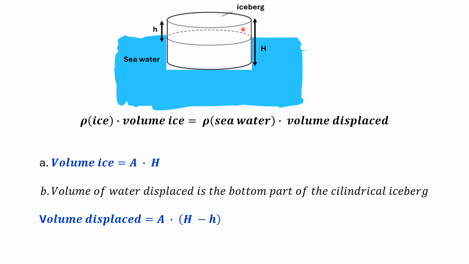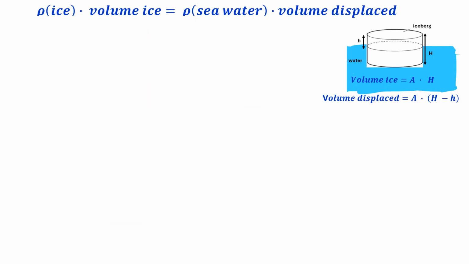So uppercase H minus lowercase h. Now in this slide, I have a sequence of substitutions. Just follow along. Here the volume of the ice is A times uppercase H, and the volume of the water displaced is the cross-sectional area of the iceberg times the difference in height, which I explained before.